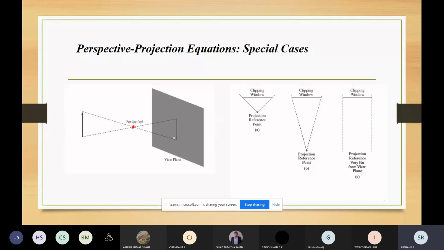That's why the view plane will usually be placed between the projection reference point and the actual scene. So this will be the view plane, and you'll have the projection reference point.